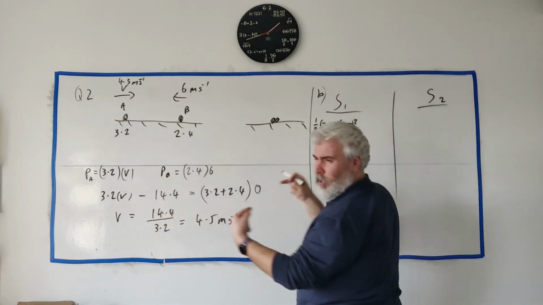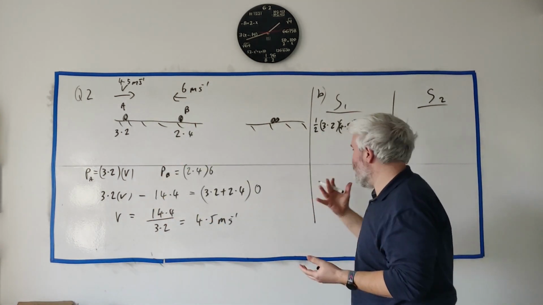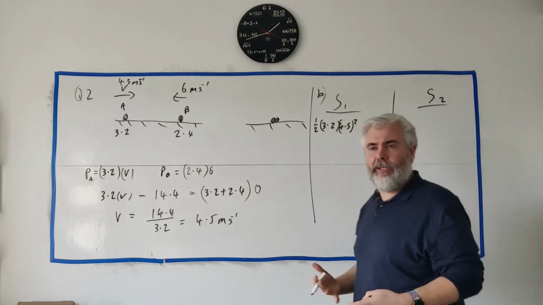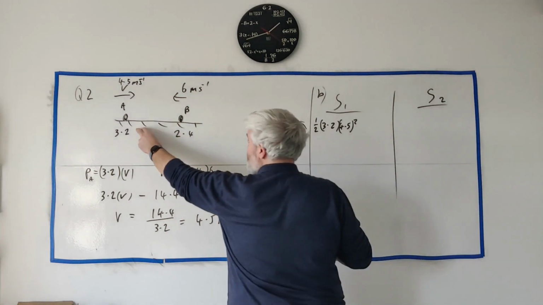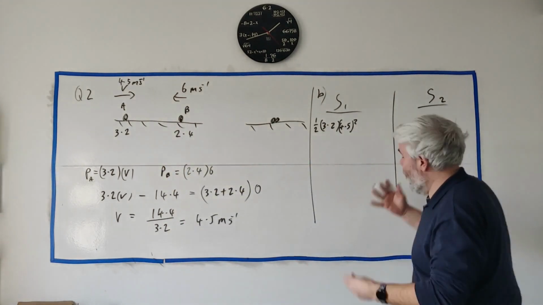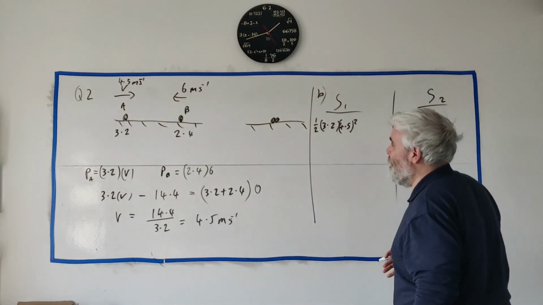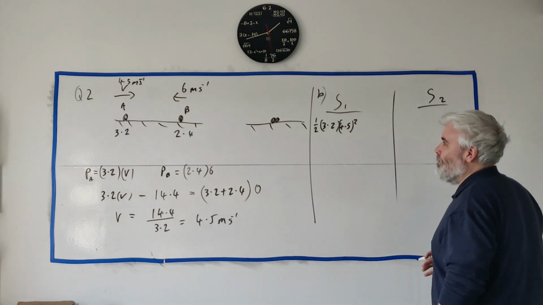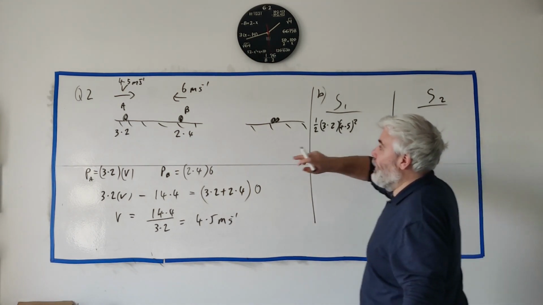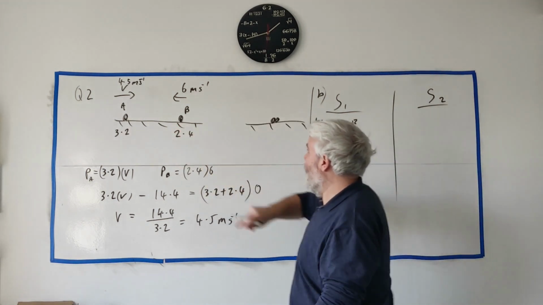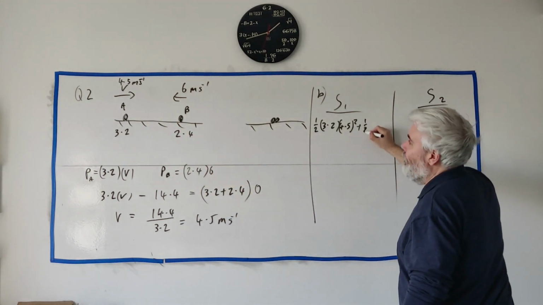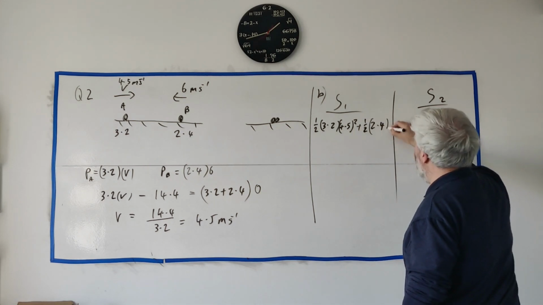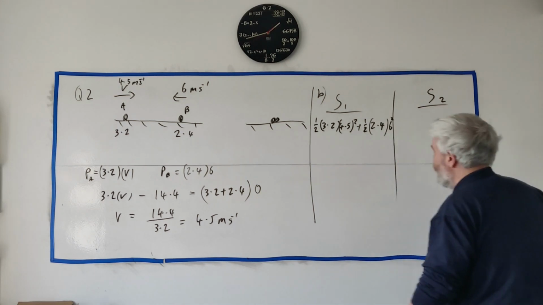And even though they're going opposite directions, we don't have to put a minus here because it's energy being added into the system. So this energy is positive and this energy is positive. In fact, you won't be dealing with negative energies until you go to graduate school or something. The kinetic energy from this one is a half times 2.4 times 6 squared.